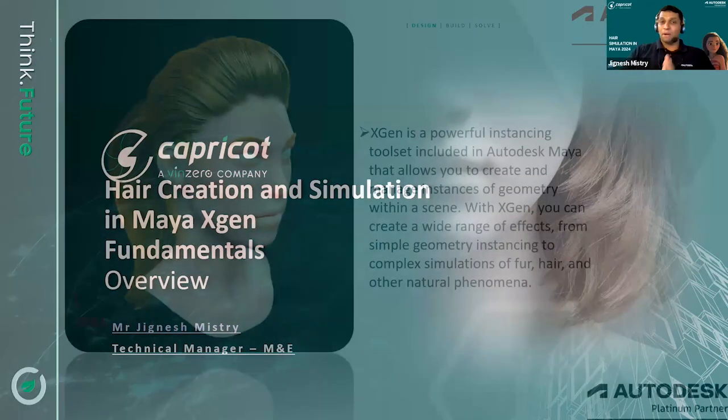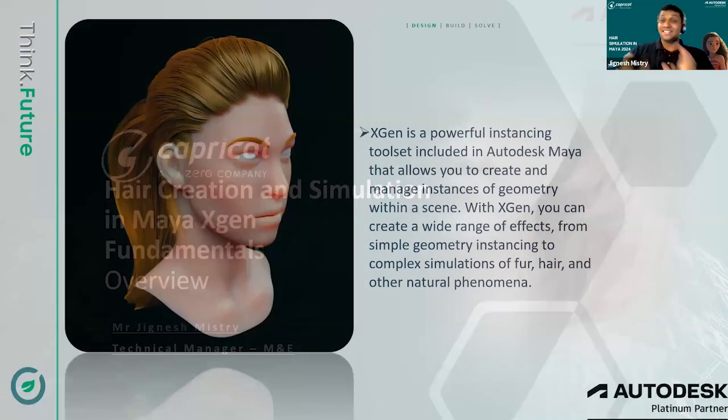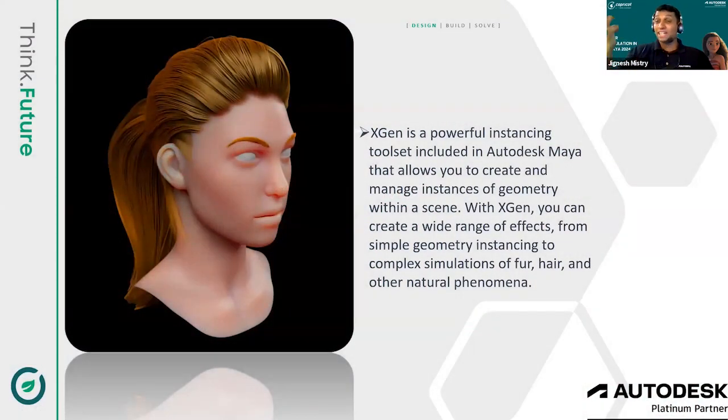XGen is a very powerful instancing tool that will be replicating whatever work you do, and it will be converting itself into hair-like work that you will actually see. What you're looking at right now is something that I cooked up on my own, which was a day job, max to max a day job.